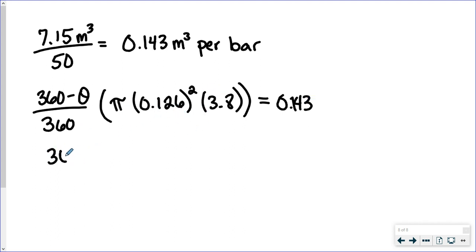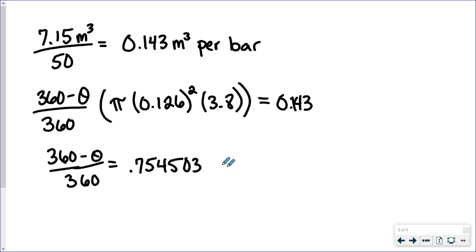So we get 360 minus theta over 360 when I multiply both sides. Divide both sides by this, rather. We will get 0.7545038808.